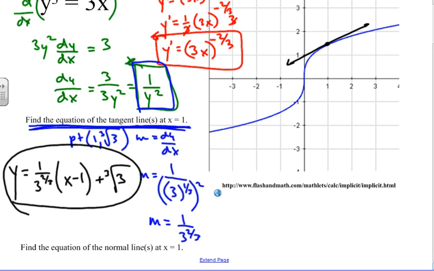That's the equation of that tangent line. Just to verify that this slope would actually give us the same thing, let's plug in 1 into here. X is going to be 1, so when we plug that in there, we actually have 3 to the negative 2/3 power, which is equal to 1 over 3 to the 2/3. What do you know? They equal the same thing.